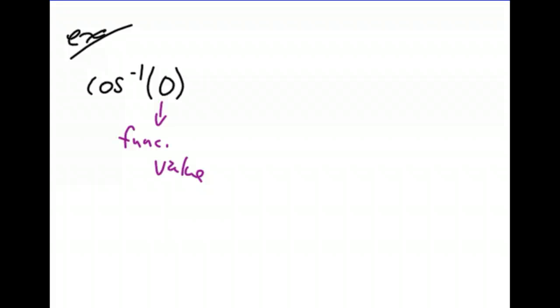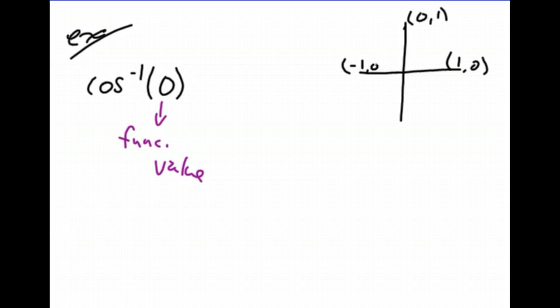So since that is true, I'm going to go immediately to my points. By what we just said, cosine has to be between 0 and pi, so cosine has to be somewhere in this region. Cosine stands for x, so I'm looking for when x is 0. Well, x is 0 straight up and down, and that angle right there, that theta, is pi over 2. So that is my answer. It's just pi over 2.